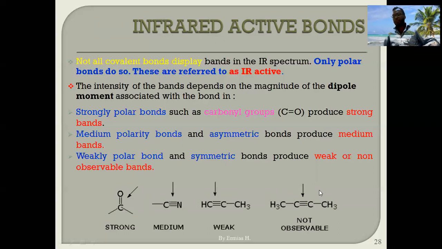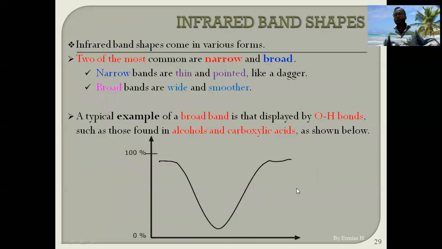Now it comes to the infrared band shapes. Infrared band shapes come in various forms. Generally we have two most common bands: the narrow one and the broader one. This one is the broad band.